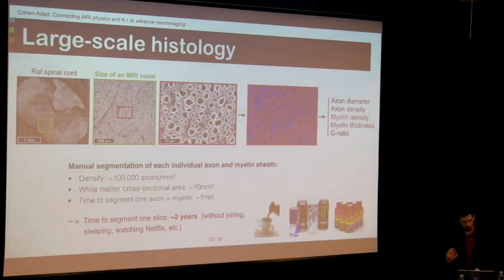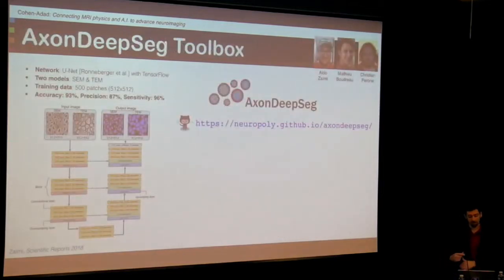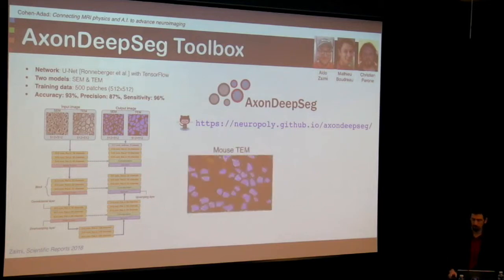So obviously, that's a great task for deep learning, and we started to work on another project called Axon DeepSeg, which is open source. And if you have some histology segmentation task, please try this out and give us some feedback. It's based on the UNet, and we trained 2 different models for scanning and transmission electron microscopy.